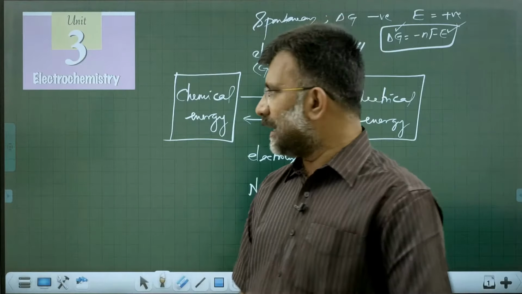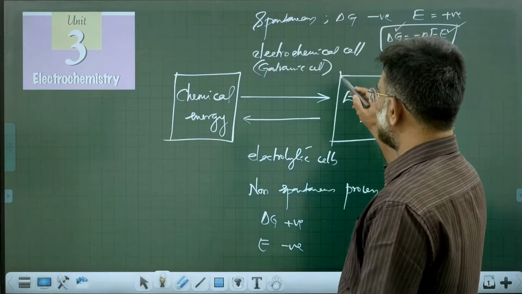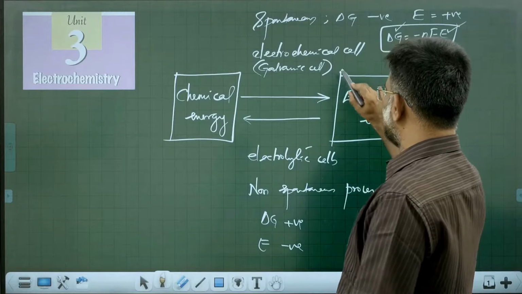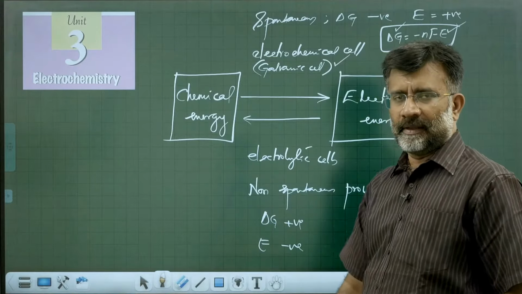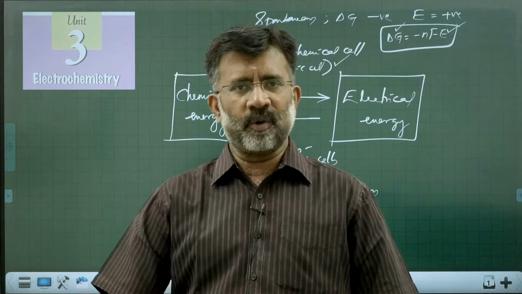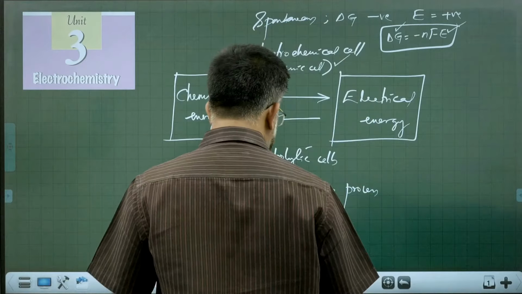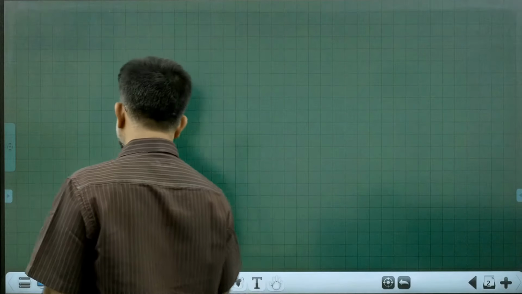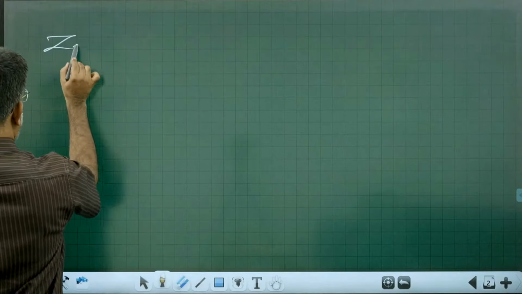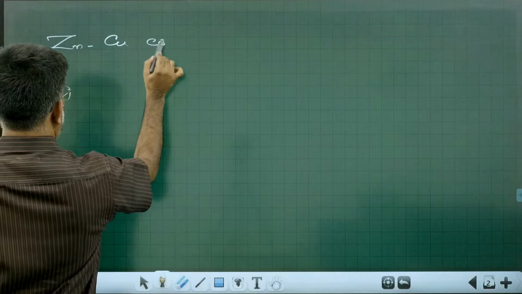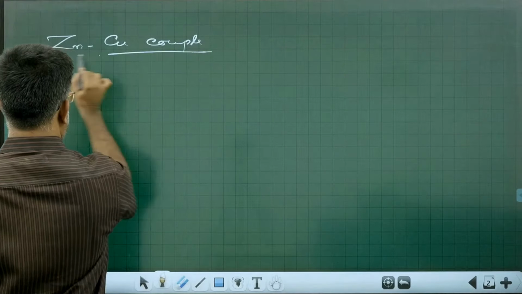A typical example of a device for converting chemical energy to electrical energy is the galvanic cell. All of you know how the galvanic cell functioning is explained. For example, a zinc copper couple is a typical example of a galvanic cell.